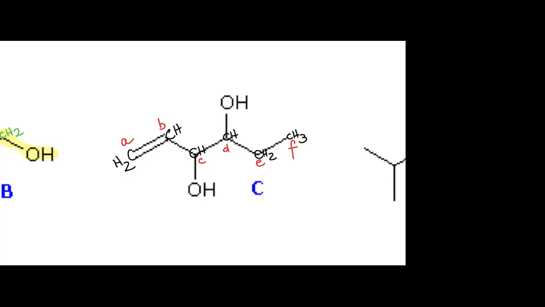Awesome. So let's just talk about why A and B are not chiral. A and B, you guys, do not have 4 different things. So that's why disqualified. E and F disqualified because one has 2 carbons, the other one has 3.